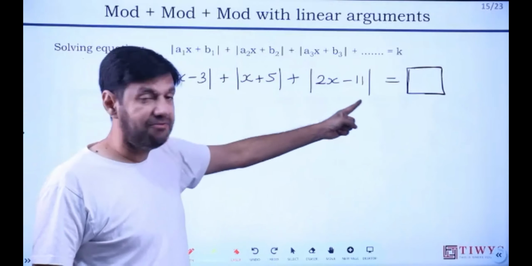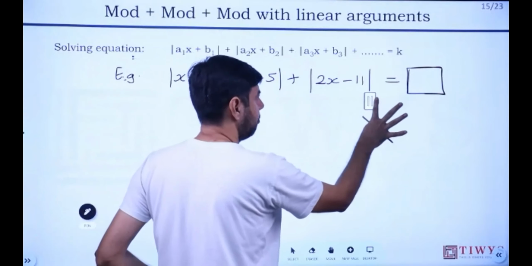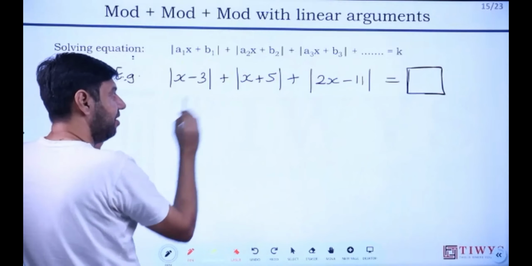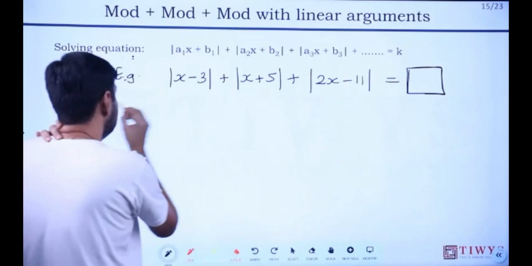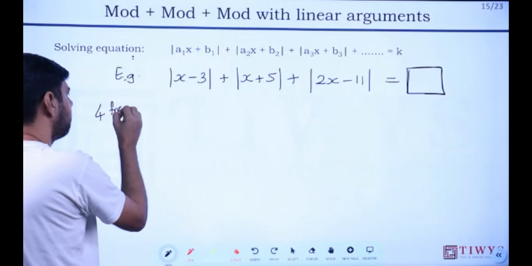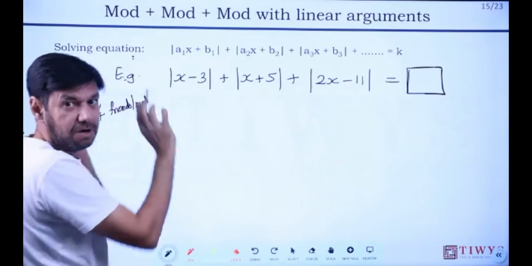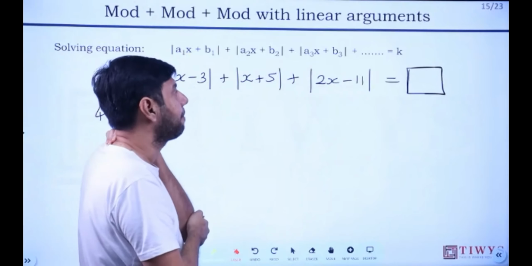This is what we have learned, a bit of it we have already learned, so I don't need to revise. One friend stays at 3, one at -5, and 1 and 2 at 5.5. So this is a case of four different friends, or 4 mods. But the question is not about the minimum, so don't start looking at the middle, minimum, and so on.